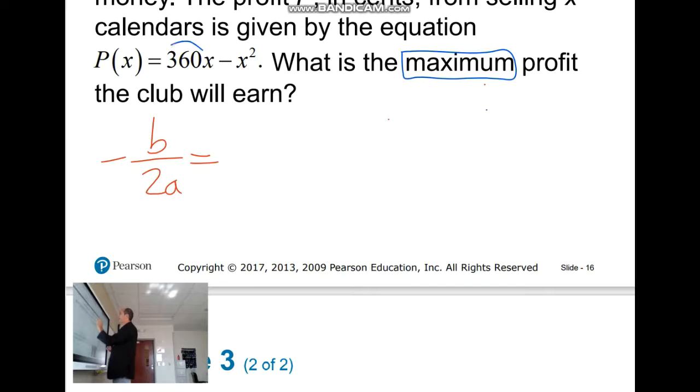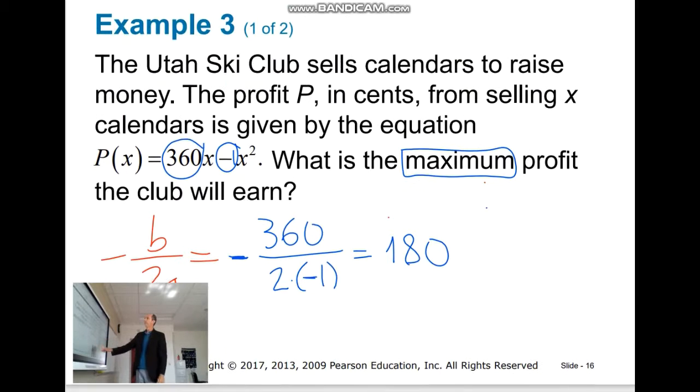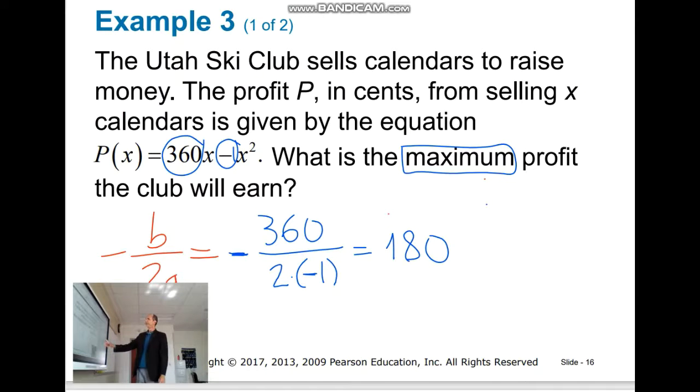Find b, 360, and a, negative 1: negative 360 over 2 times negative 1. Negative with negative gives a positive, 360 divided by 2, 180. 180 is the number of calendars they are selling to have the maximum profit.